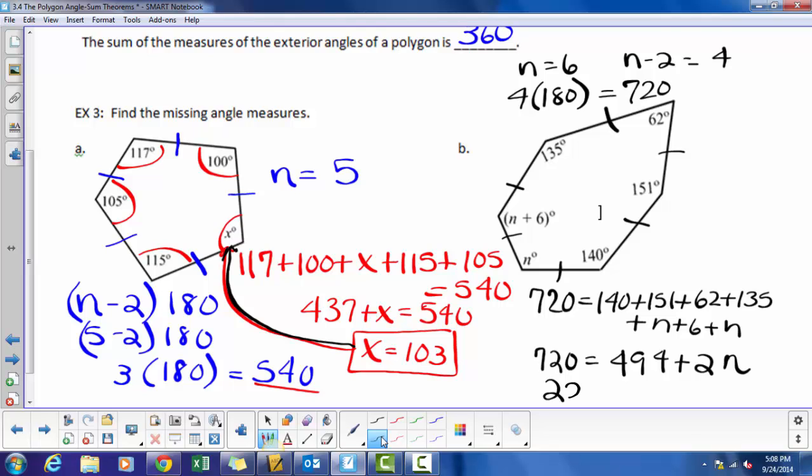So 226 equals 2n. I'm going to divide both sides by 2. So n equals 113. So this angle right here is 113. This angle right here is 119. Okay?